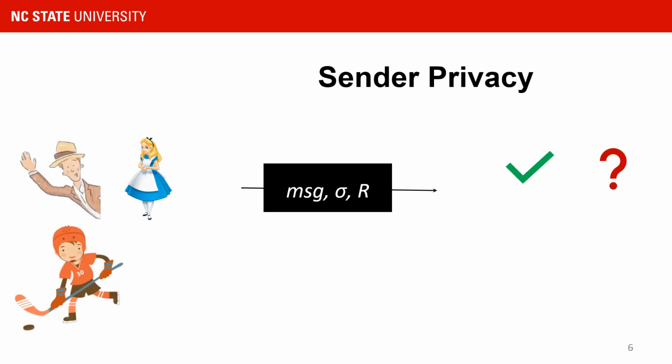Now, there could be a scenario where Alice wants to avoid revealing her exact identity. So this is where ring signatures come in. I told you already, a ring is a set of people. And so what Alice can do is sign on behalf of a ring of Alice, Bob, and Charlie.